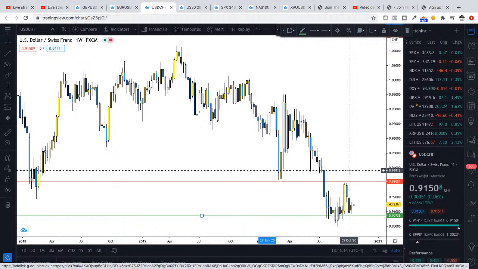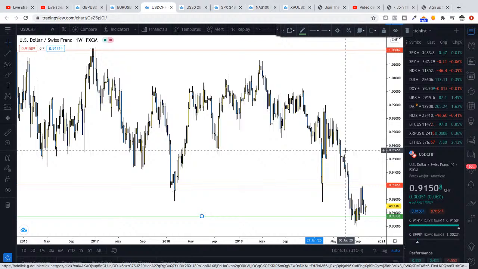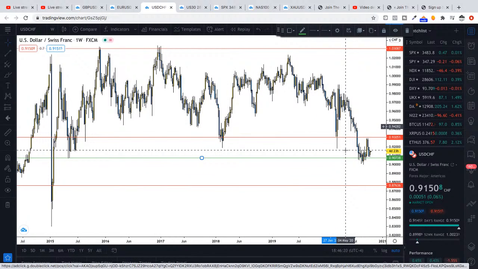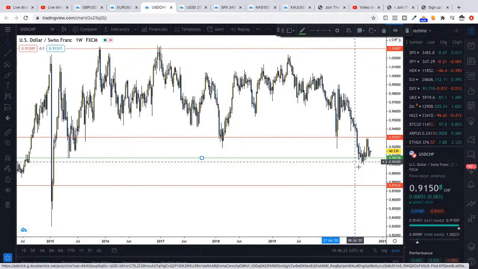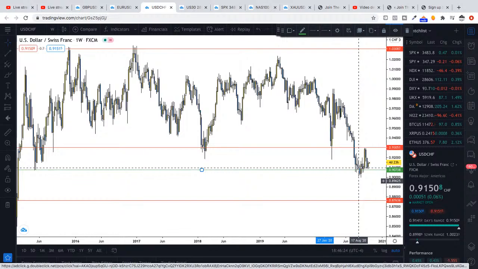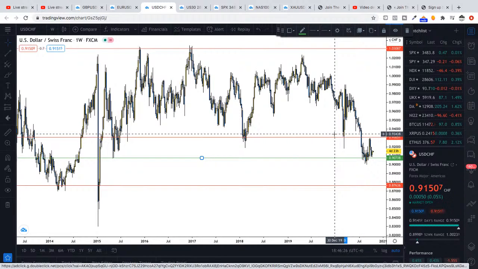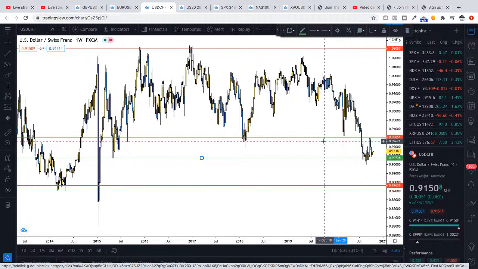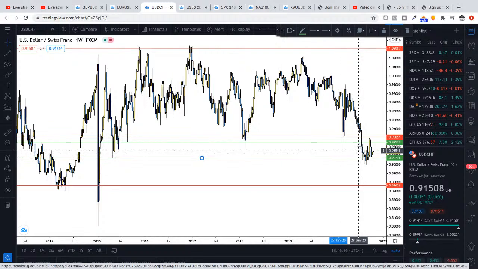Just bam out of there. So bullish. So could it just be heading here? This is another location where we can see that it could possibly be retesting and heading down.